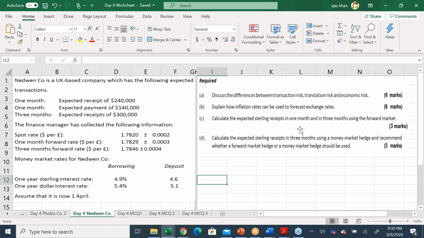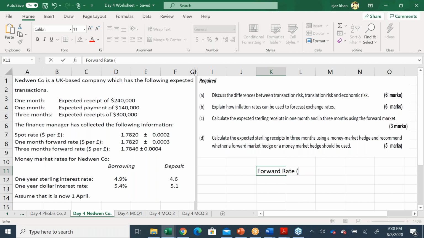The second part is how inflation rates can be used to forecast exchange rates. Now, I told you that forward rate can be calculated using interest rates. You can use exactly the same formula, but with inflation rates.